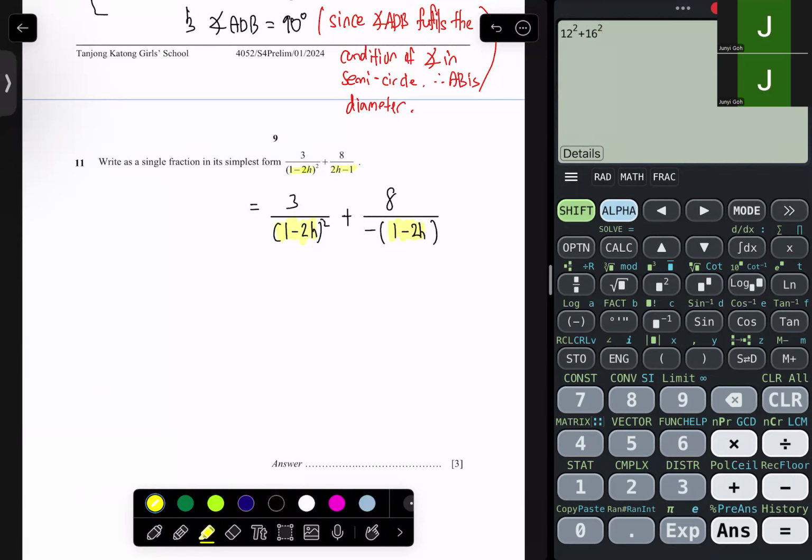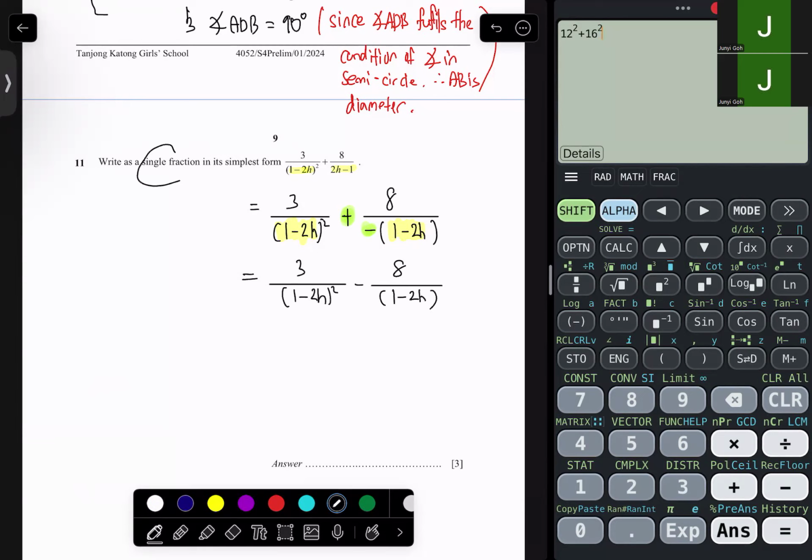But what we need to pay attention to is this part down here as well. Plus and minus. The negative affected the positive, so I can write it as 3 over 1 minus 2h squared minus 8 over 1 minus 2h.